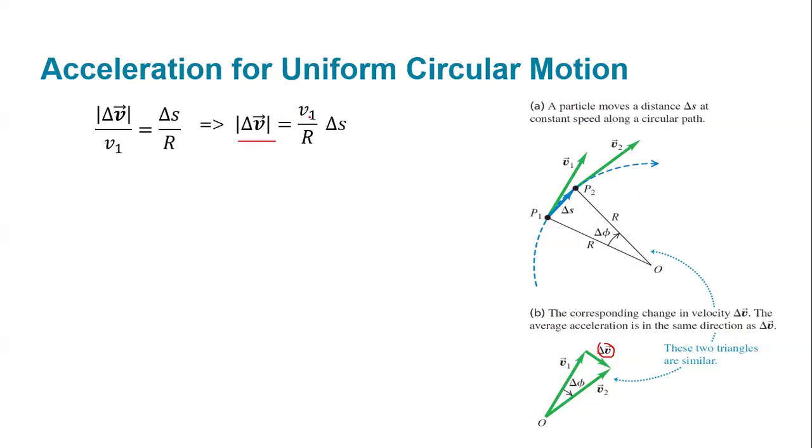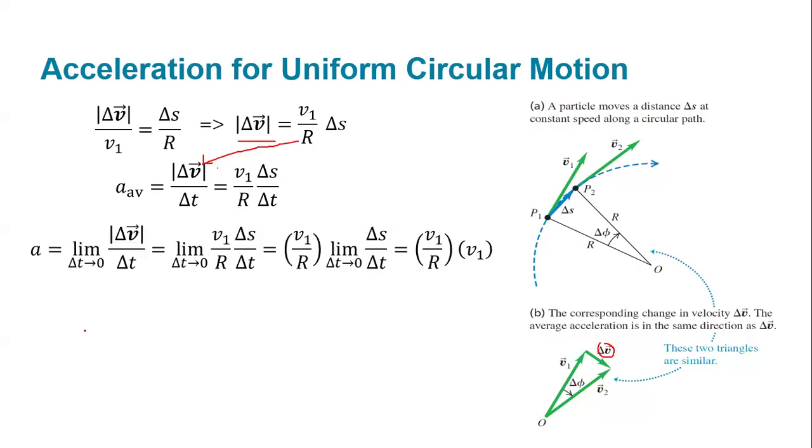So this is equal to v1 over r times delta s. From the formula of the average acceleration, which is equal to delta v over delta t, the change of your velocity over the time interval, this is equal to v1 over r times delta s over delta t.